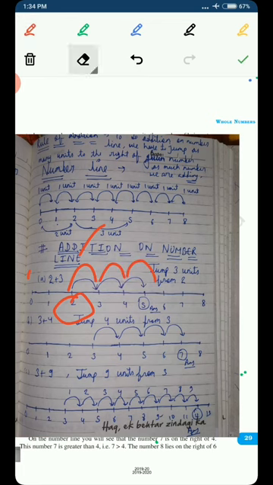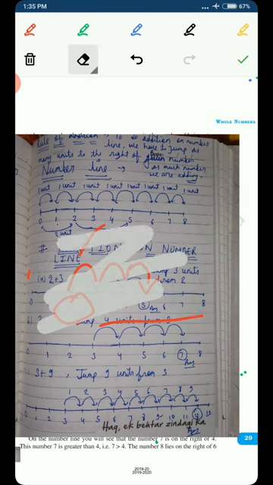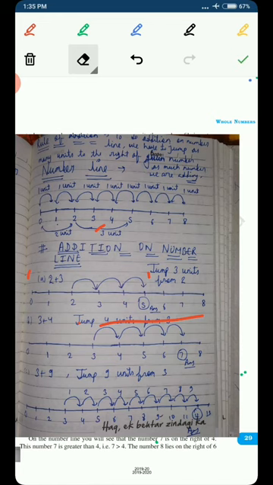And where do we reach? We reach 5 after jumping. So what is 2 plus 3? 2 plus 3 is 5, and we have shown it like this, the addition on the number line. So that is the addition on the number line. Let's take one more example.